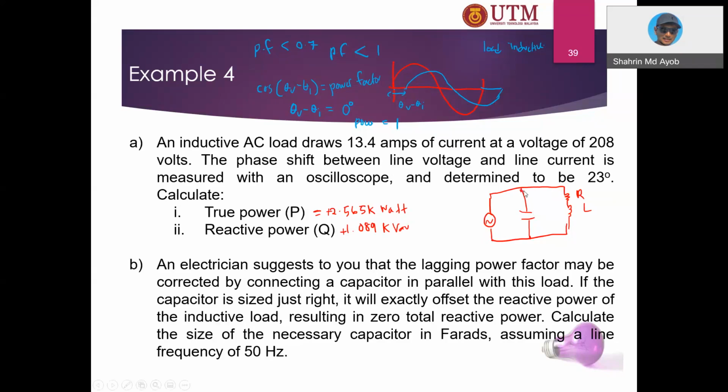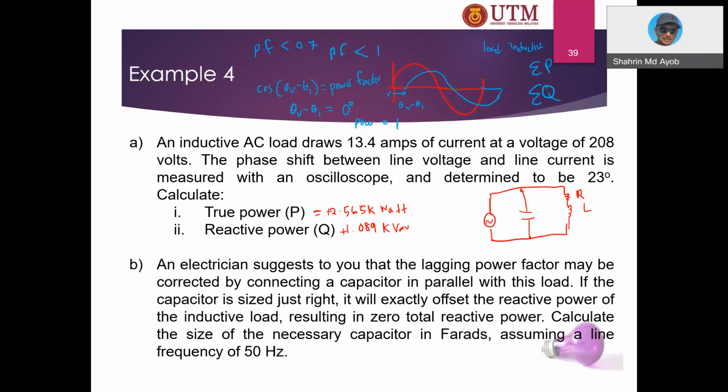You just put it in parallel, because the total power, total Q or total P, is independent of how you connect the circuits. Series or parallel is not affected. So you can just install the capacitor here.